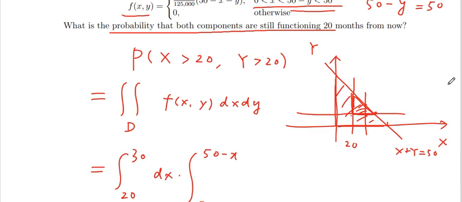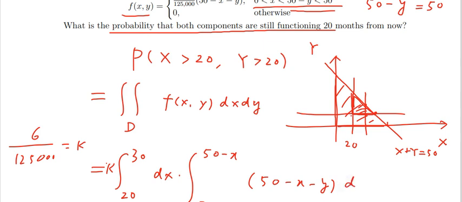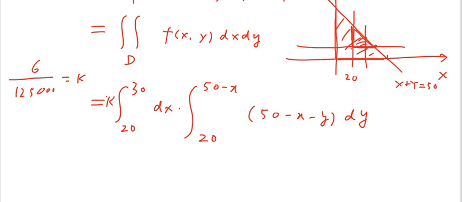Then the density function f(x,y) is this, and we put the coefficient here, like maybe 6 over this coefficient. Then the integrand is 50 minus x minus y, dy. So this is just a double integration problem. I think it's easy, right?